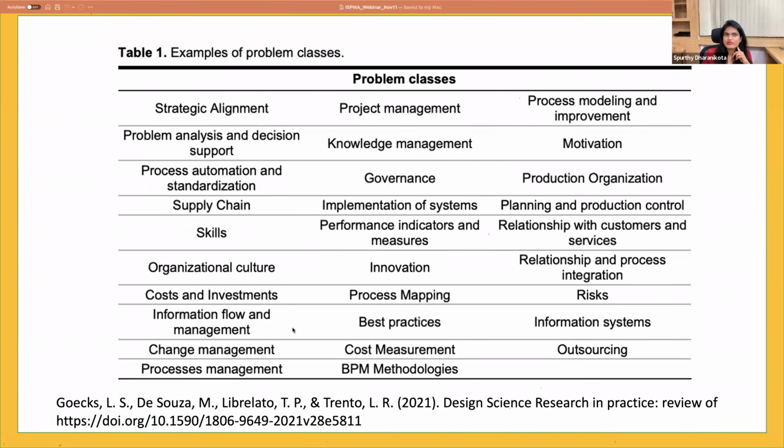And these are some of the examples of problem classes. So there are several problem classes in business research where you can build artifacts. So like you see, project management is one of the most important ones, where there is scope to build these artifacts and enhance processes and productivity of employees and the productivity of products, sales of products and whatnot.